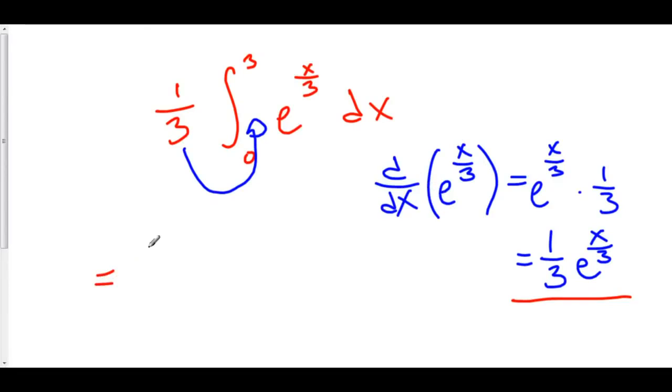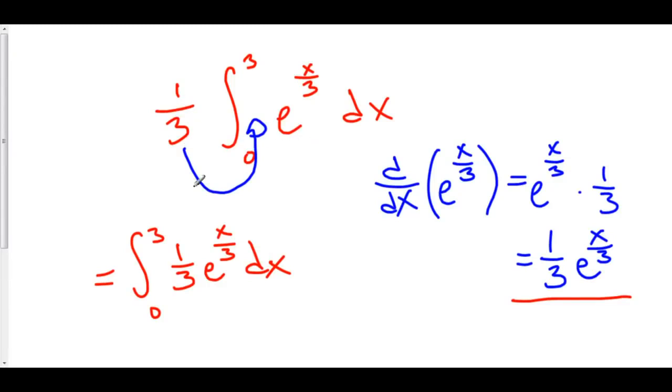I'm going to rewrite this integral as the integral from 0 to 3 of 1/3 e to the x over 3 dx. Now remember that when you take the derivative of the antiderivative, you get the function itself. We wanted to find the antiderivative of e to the x over 3.